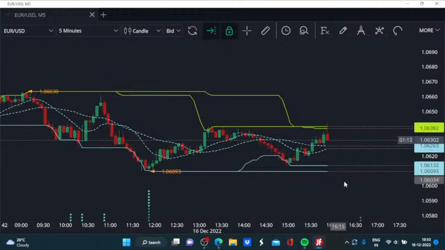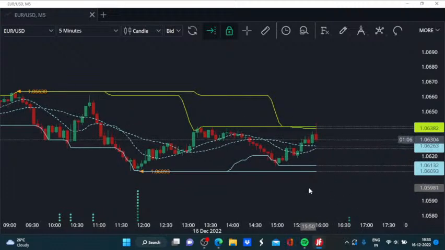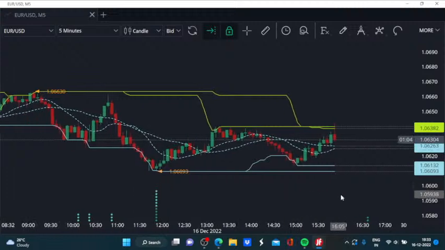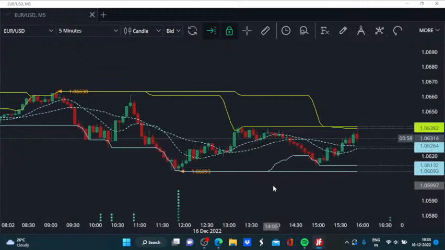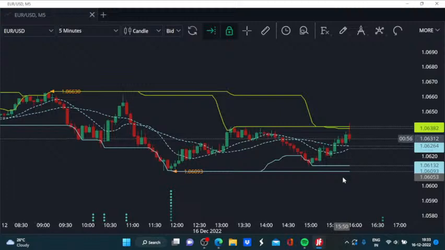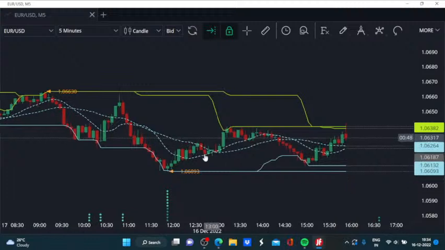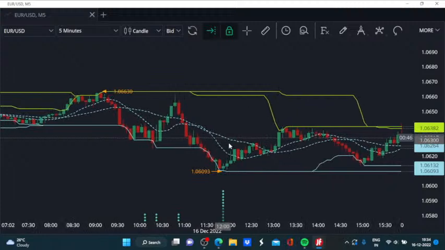So if there is no sharp one-way move on the lower side below this level, I think we can go for some scalping opportunities here in the Euro USD, as it is trading sideways with this range intact. So we can take our chances while the risk is not going to be that high. I think a 10-15 pip stop loss should be good enough to be considered here.